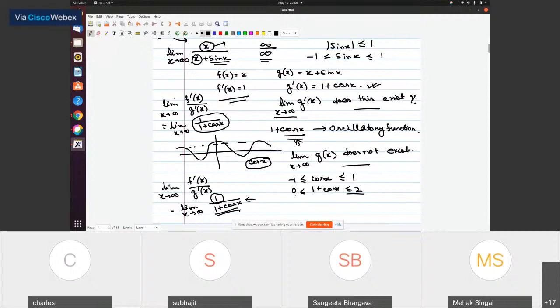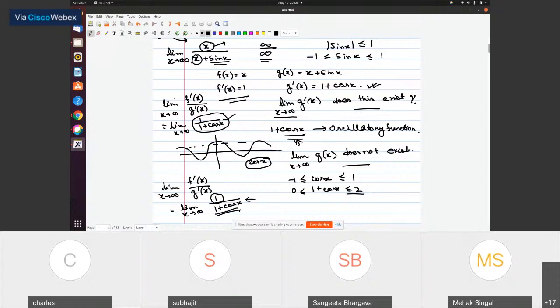It is just a shift in the positive y-axis by 1, right? So it will be in between 0 and 2. But still, it is an oscillatory function. So can this oscillatory function converge to a single particular point, any point?